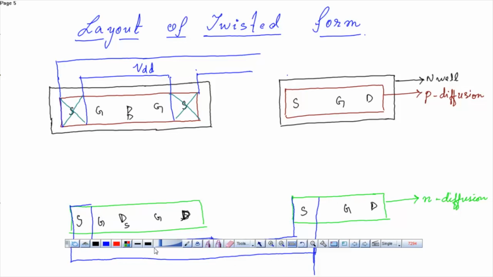Okay, now this is the ground. Similarly, this source is connected here.